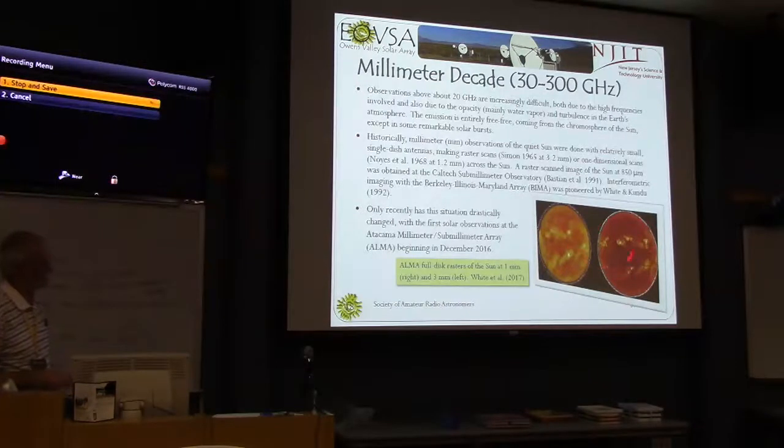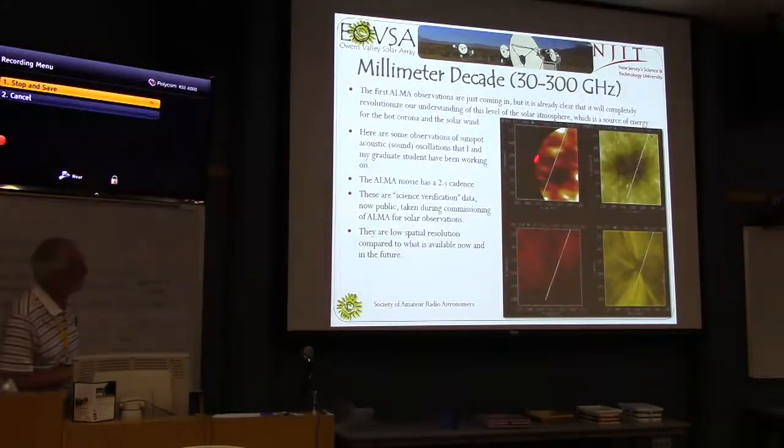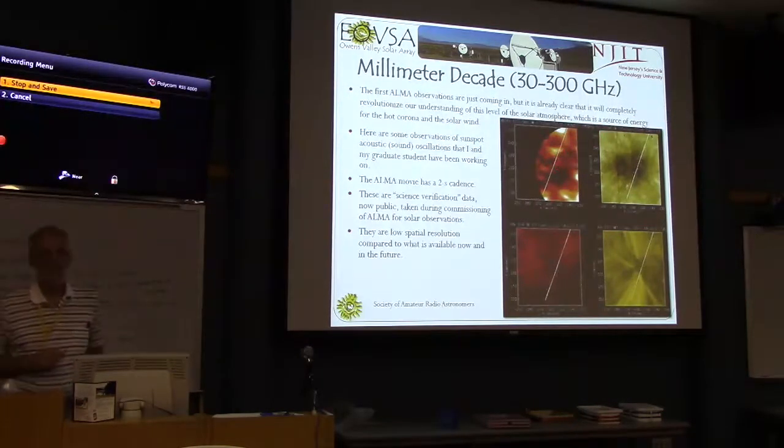These are fantastic, but each resolution element there is the primary beam of the instrument, and within that we can do interferometry. So this is a part of a field, a circular field from ALMA at 3 millimeters, 100 gigahertz.